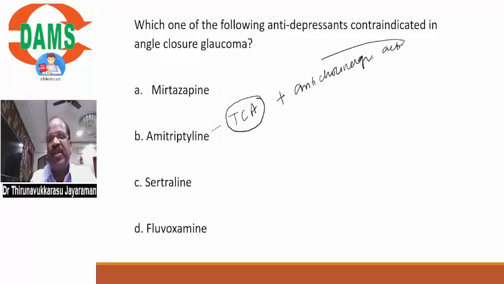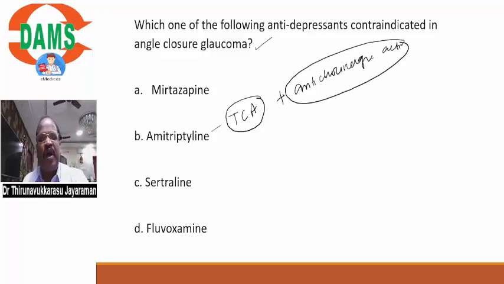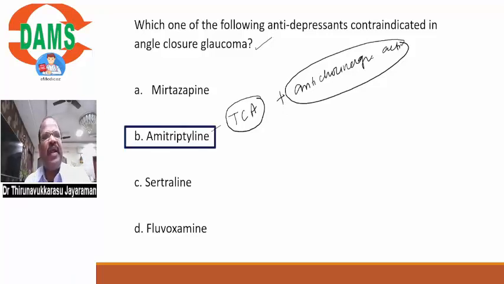Because of this action, they may be unsafe in angle-closure glaucoma. I told you, atropine causes mydriasis, thereby closing the angle of the anterior chamber, thereby closing the canal of Schlemm, thereby causing a problem in drainage of aqueous humor. So the answer is option B. Amitriptyline is the right answer for this question.